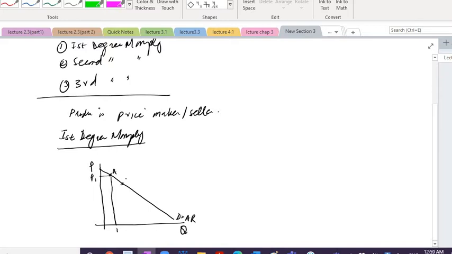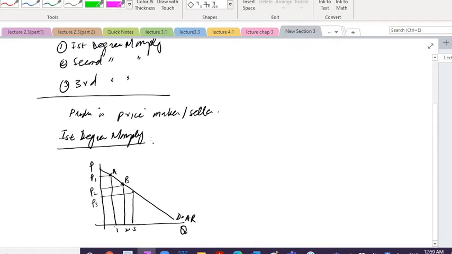Similarly, if I talk about point B, the consumer wants to get this unit at what price? P2. So as I am moving on, both units are demanded at lower prices, as per the law of demand. Given this whole story, as you can see, the consumer's willingness to pay is P1 to buy product 1.